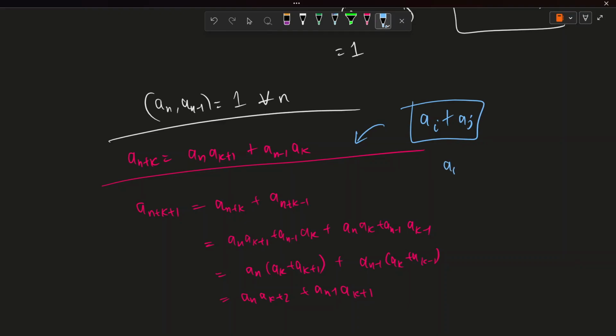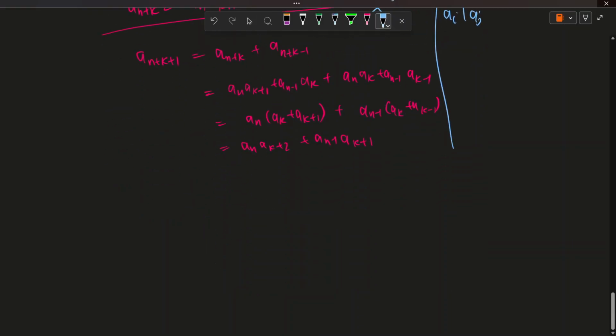Suppose ai divides aj. So j should be greater than i because it is an increasing sequence. So write j equal to i plus k. So by this statement we get that, well, let me write it down.